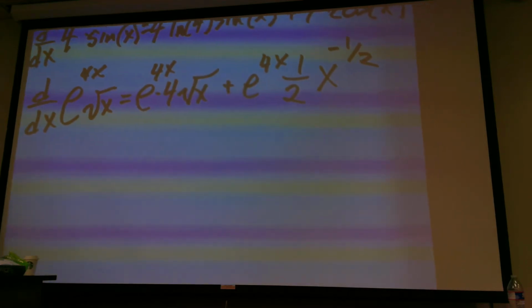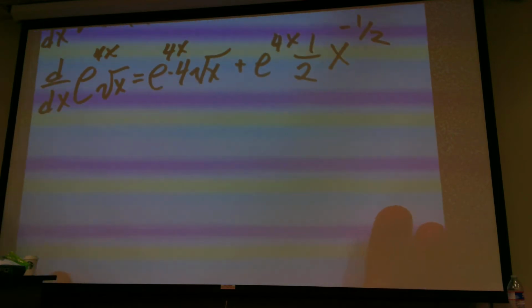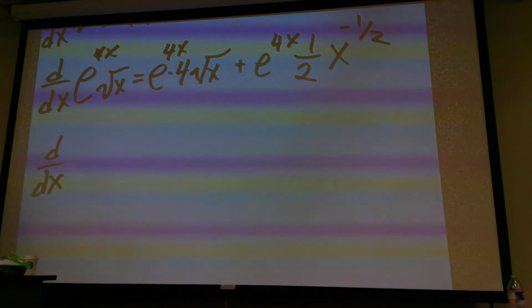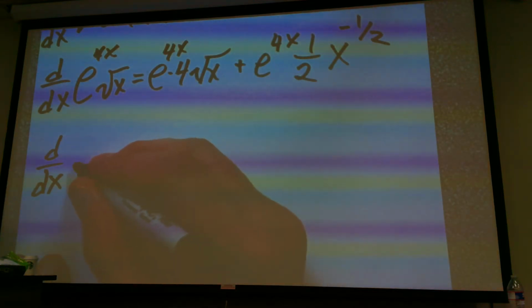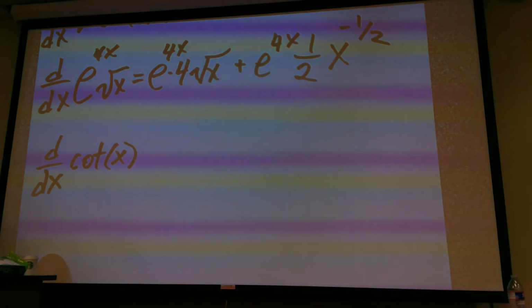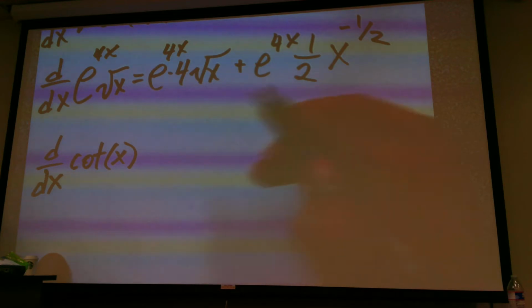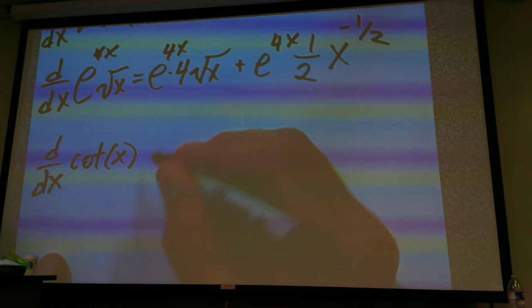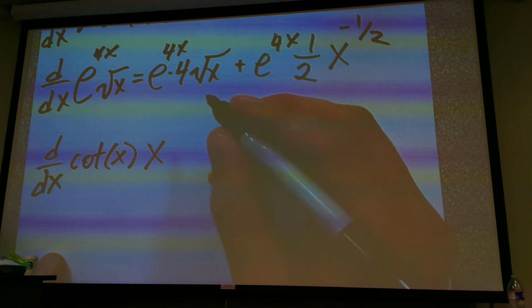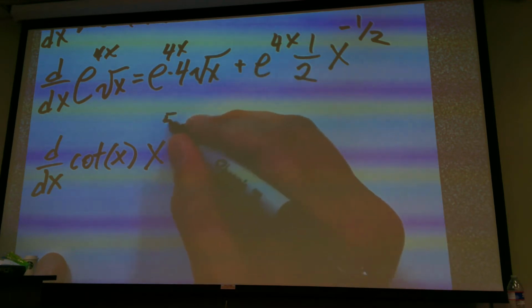Let's do another example. So, let's do one more example of this. We're going to take the derivative with respect to x of, let's say, cotangent of x, and then multiplied by x to the 5/3.